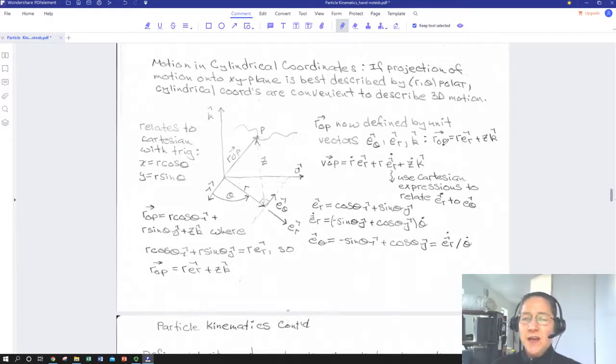So I can define the position of point P in cylindrical coordinates as r e_r hat plus z k hat.